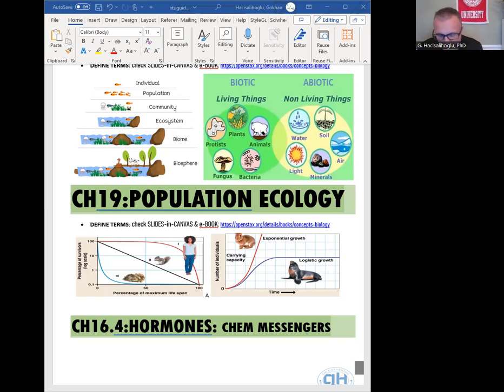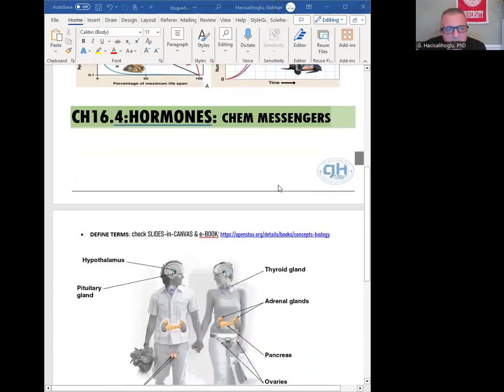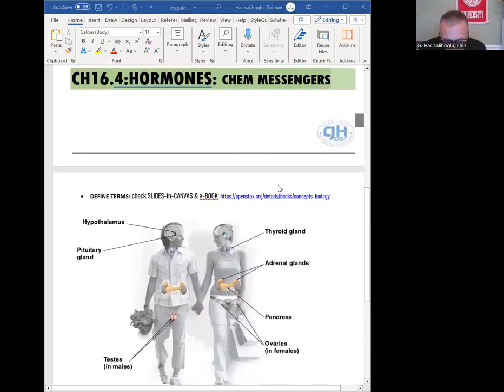Hormones is endocrinology, which deals with chemical messengers. They are signals in general. There are signals besides hormones. There are chemical signals like hormones, but there are also electrical signals, which we are not going to cover in this chapter, like the nervous system and nerves.